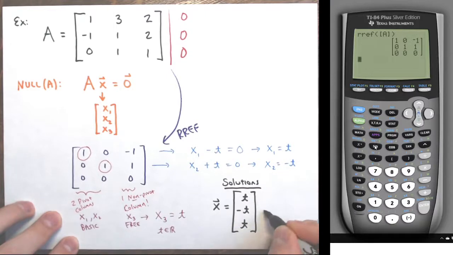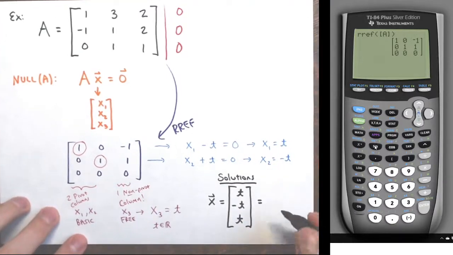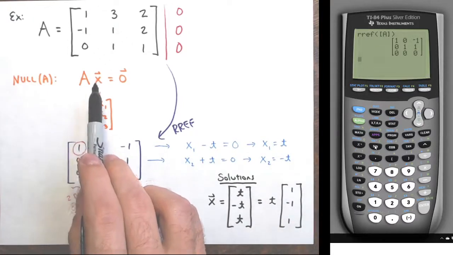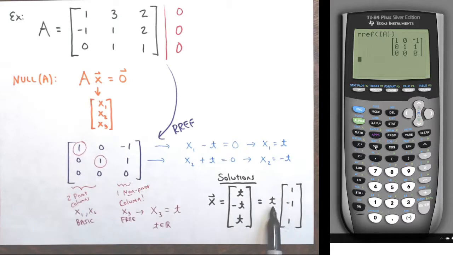And then each one of these has the scalar, the real number t involved. I can pull that out. t times the vector 1, -1, 1. Do you see again how every solution of this equation is a scalar multiple of the vector 1, -1, 1. So the null space of A is the span of that vector, the set with that vector in it.